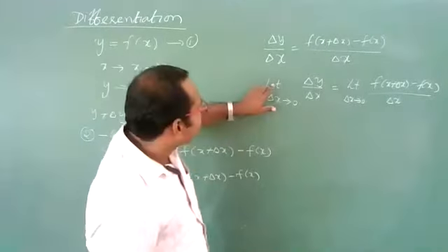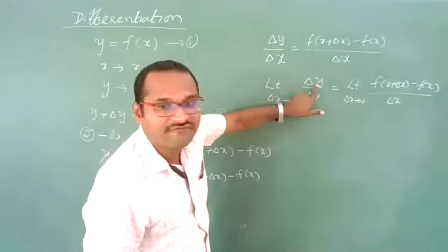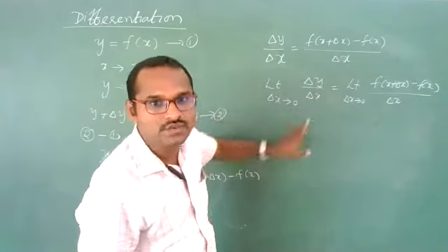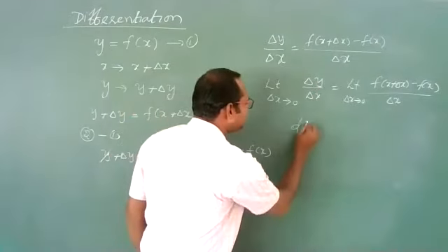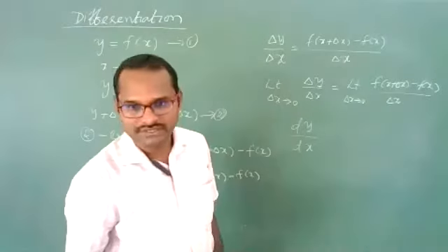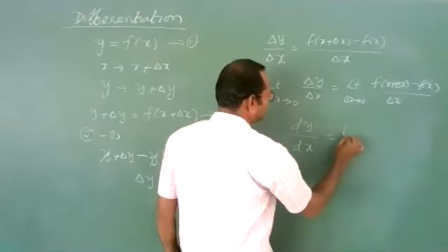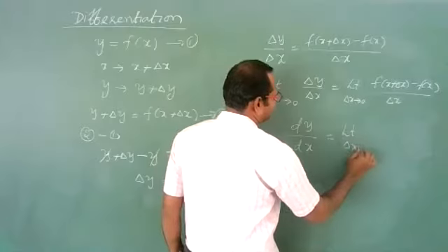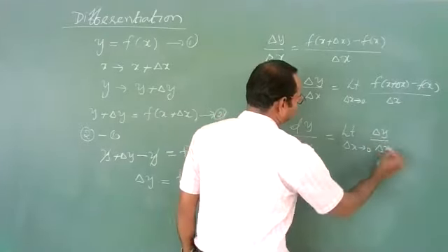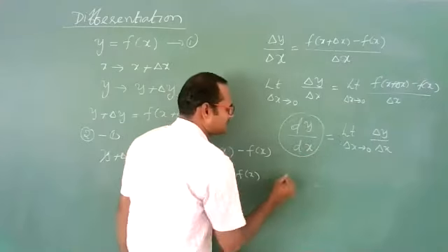Now this limiting value of y with respect to x is called as dy by dx. Are you getting? There is limit delta x tends to 0, delta y by delta x.